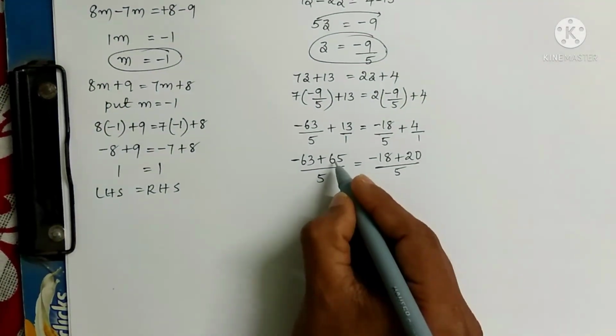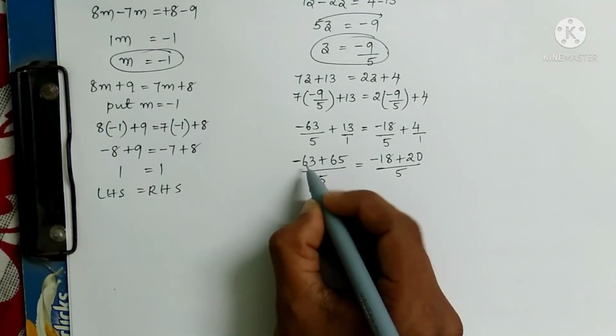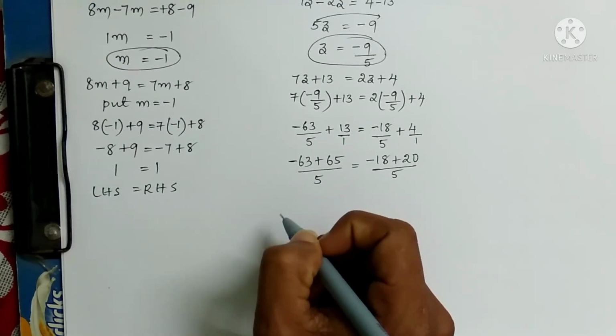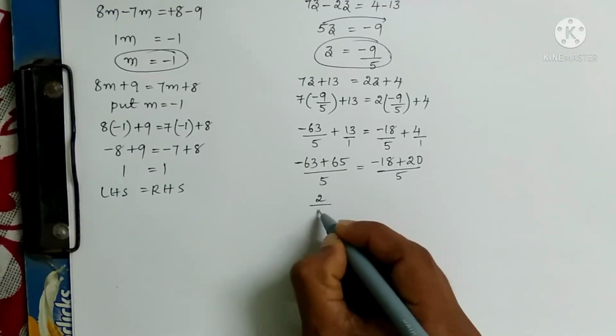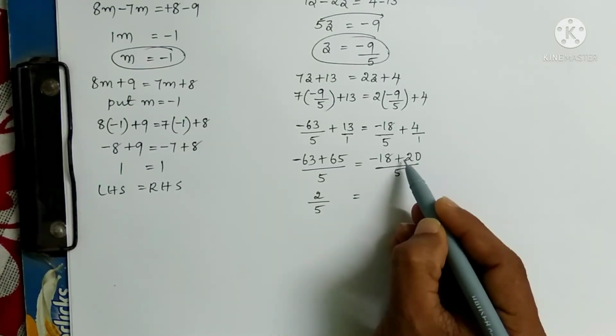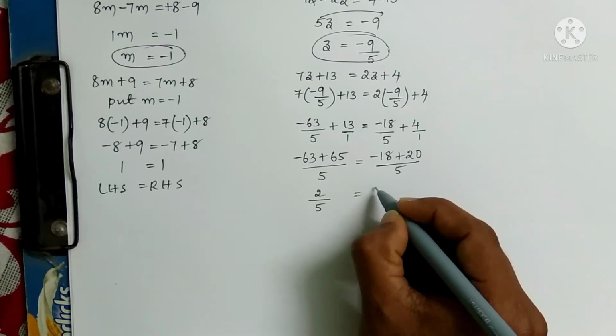So 65 minus 63, 65 is a positive integer and minus 63 is a negative integer. 65 minus 63 is 2 divided by 5, which is equal to plus 20 minus 18, which is 2.